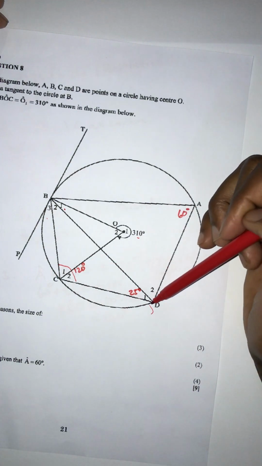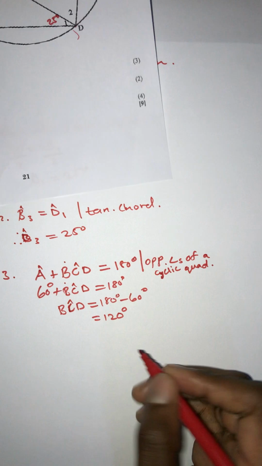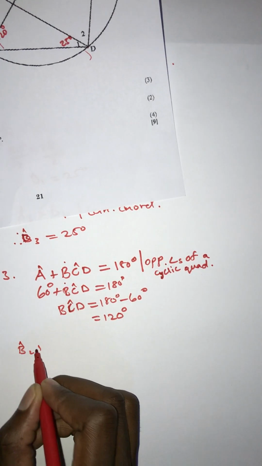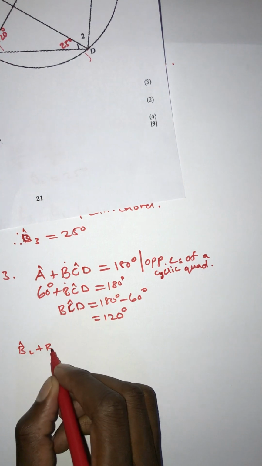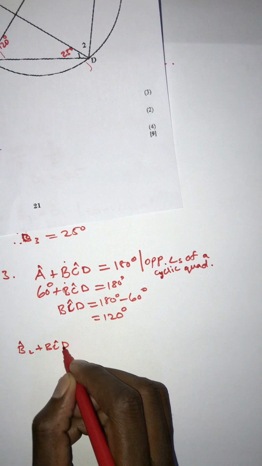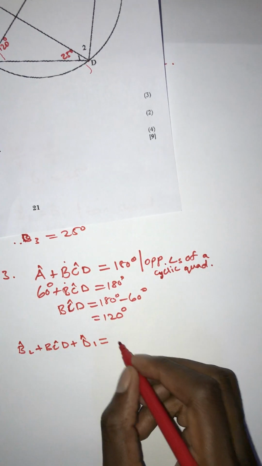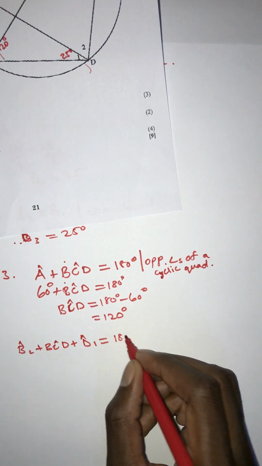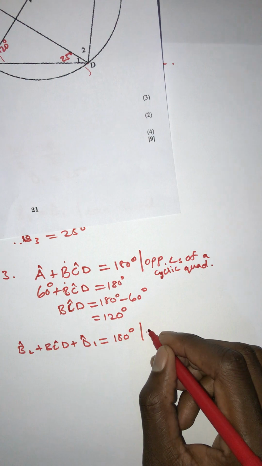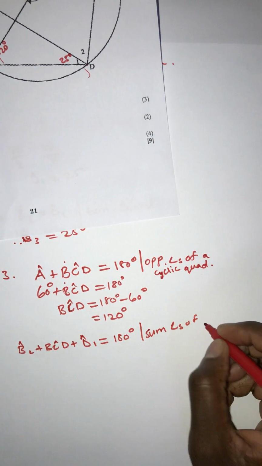We have this angle, we have this angle. Now what is that angle? B2. So we're going to say angle B2 plus the whole C, which is angle BCD, plus angle D1 is equal to 180 degrees. The reason is the sum of angles of a triangle.